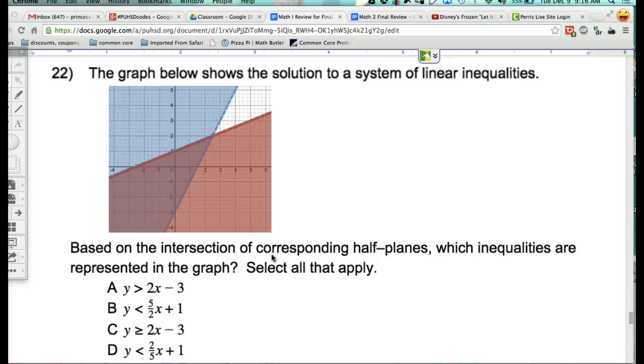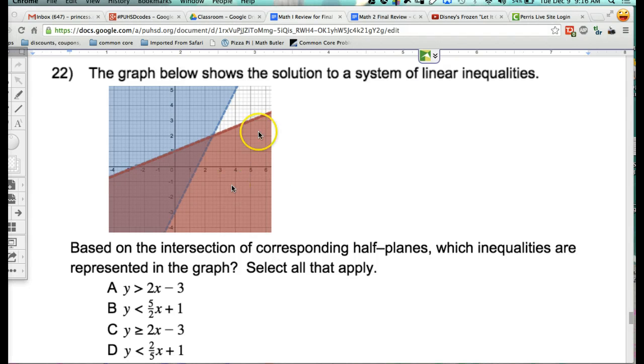Just looking at this graph, at least how many answers do you need to have? You need at least two because there's two lines. Maybe there will be another equation, which is the correct answer but in a different form. So you know for sure that this is not a one answer kind of question.